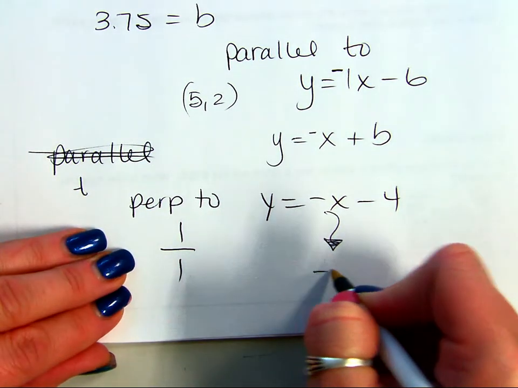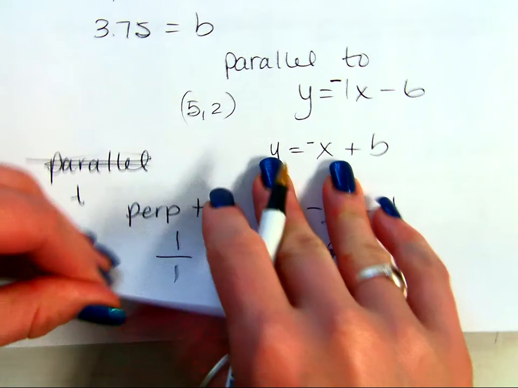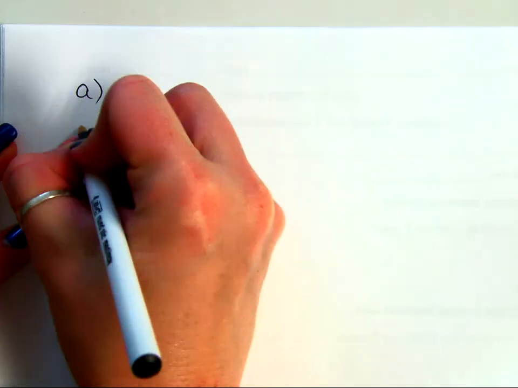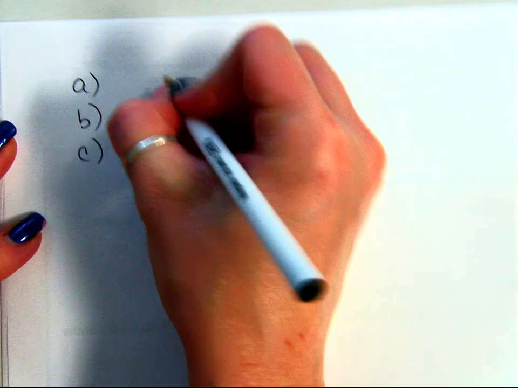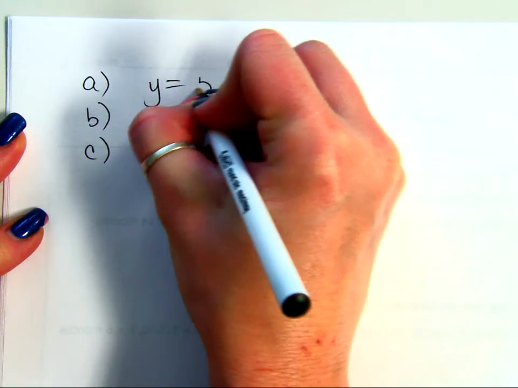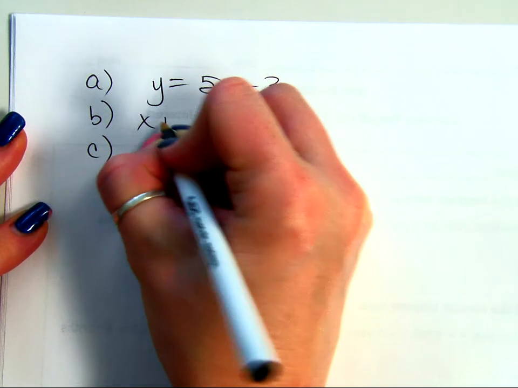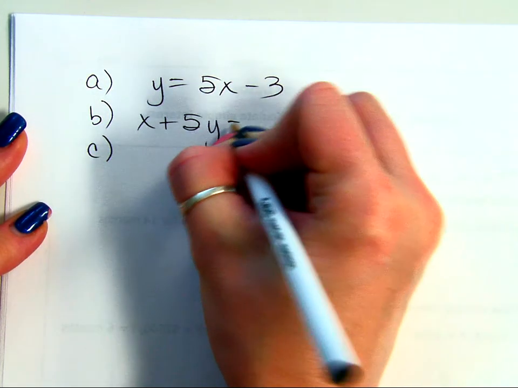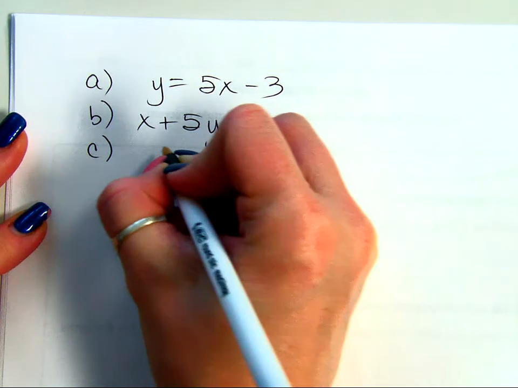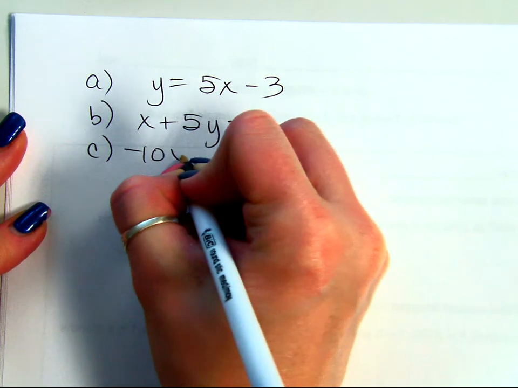All right, last one here. If I gave you line A, line B, and line C: y equals 5x minus 3, x plus 5y equals 2, and negative 10y minus 2x equals 0.